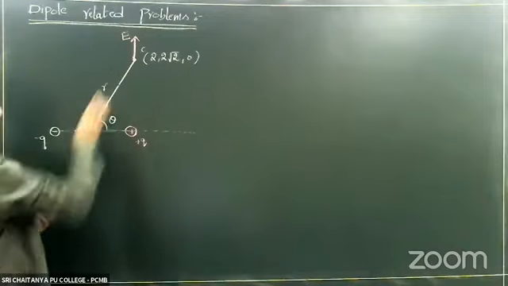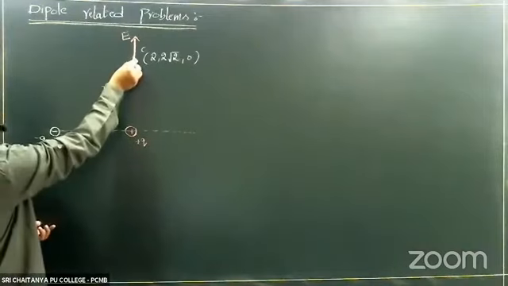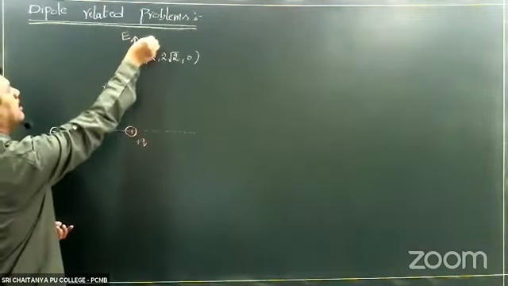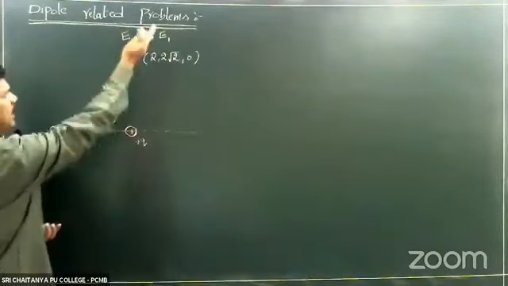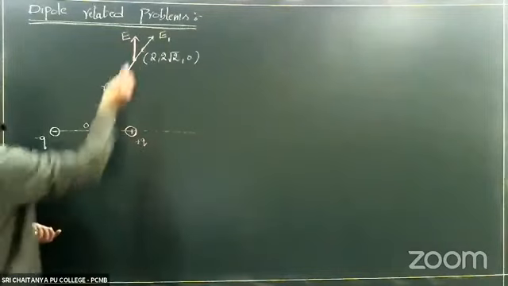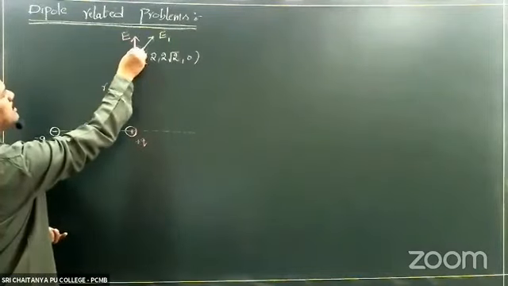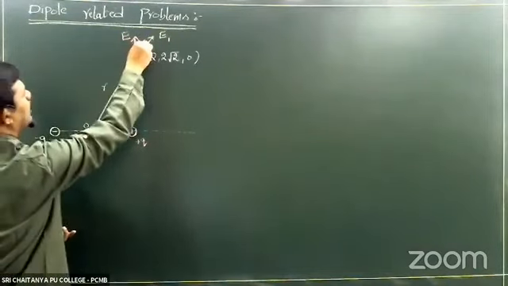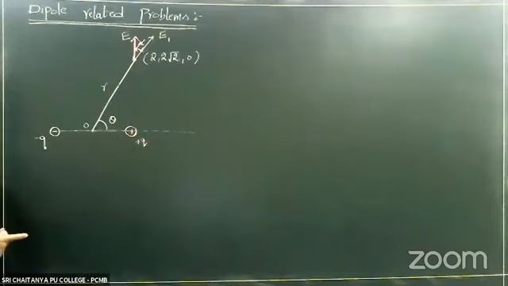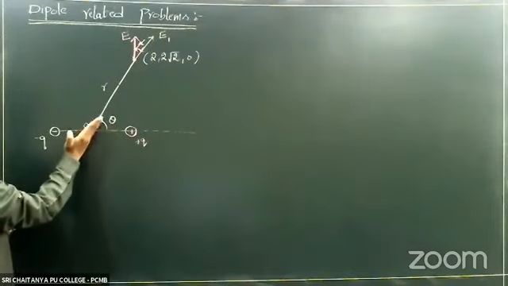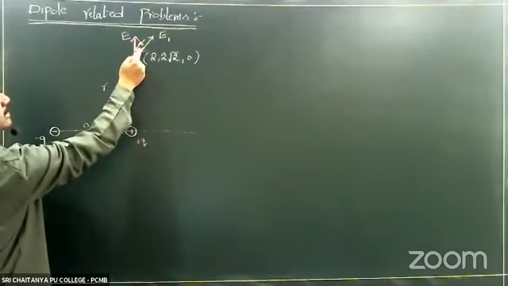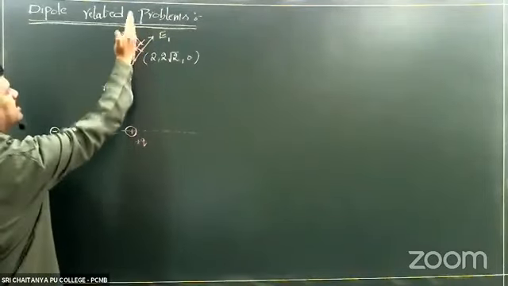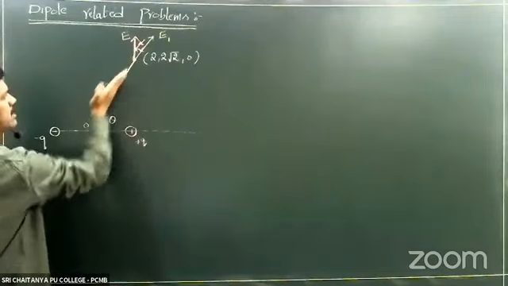And we know from our yesterday's discussion, here is A1. With this line, the angle made by this E is alpha. So this is theta, angle made by this line with axis. This is alpha, angle made by resultant electric field with this line.